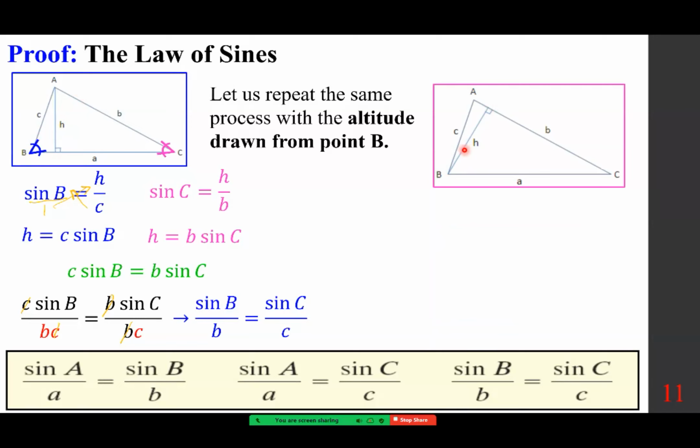Now for this little triangle, the one on the left, we are looking at this angle. Now, sine of A is the opposite, H, over the hypotenuse C.